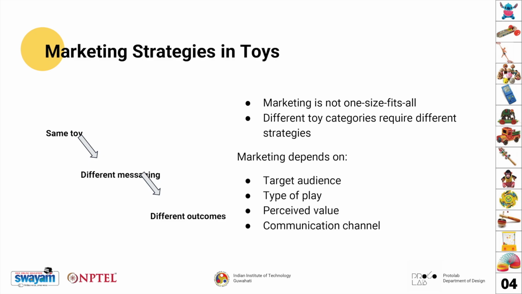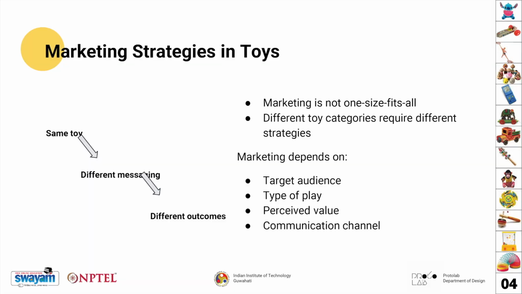In the toy industry, this becomes particularly important because toys serve very different purposes. Some toys are designed to educate, some to entertain, some to support development, and others to introduce technology. Because of this, the way these toys are marketed also changes.